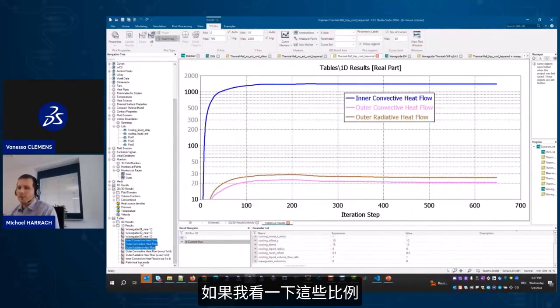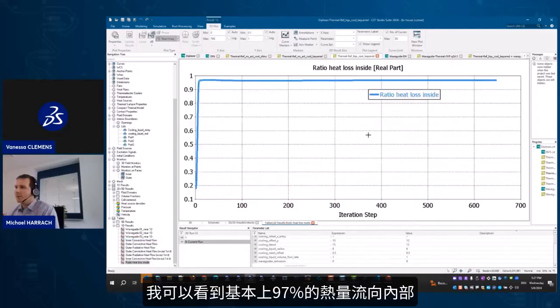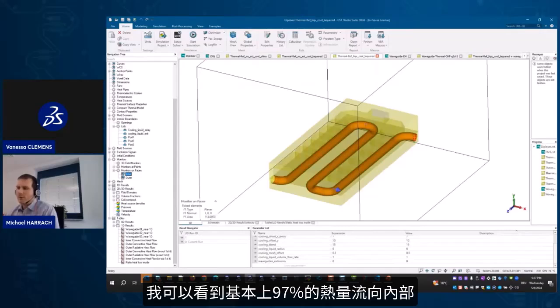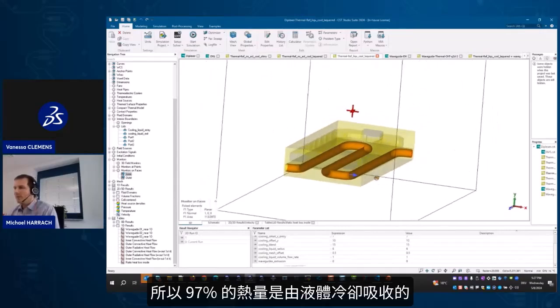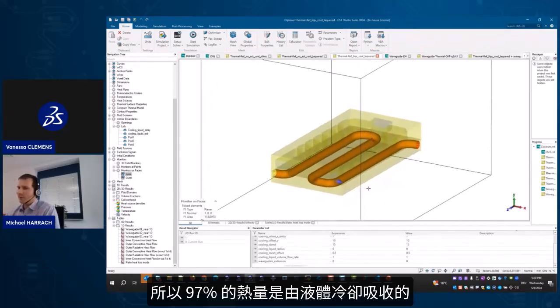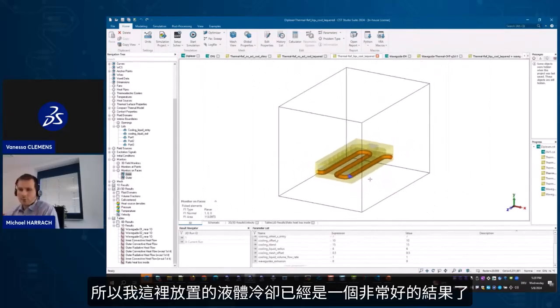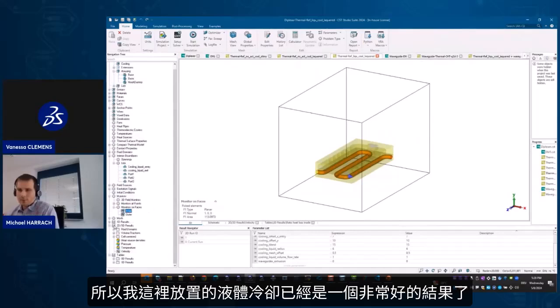And if I take a look at the ratio, all of this, I can see that basically 97% of the heat go to the inside. So 97% of the heat are picked up by the liquid cooling that I have put here. So that's already a very nice result, I would say.